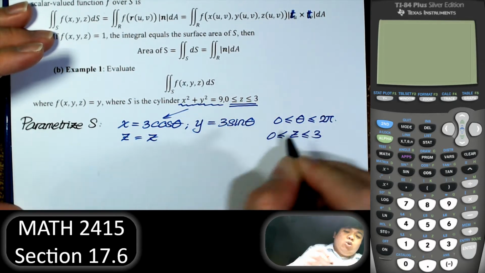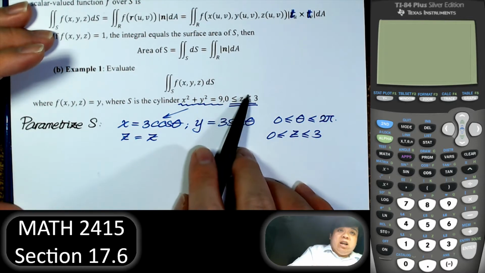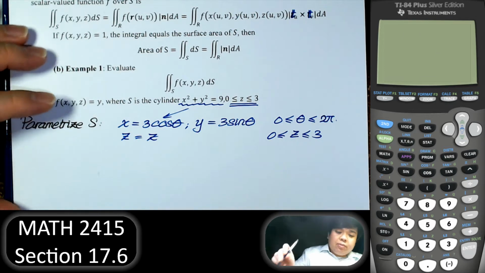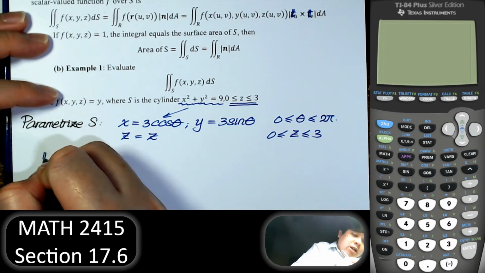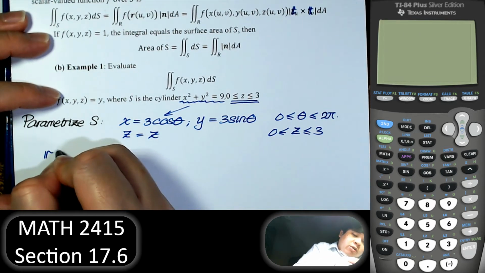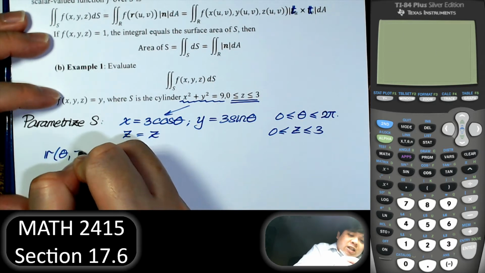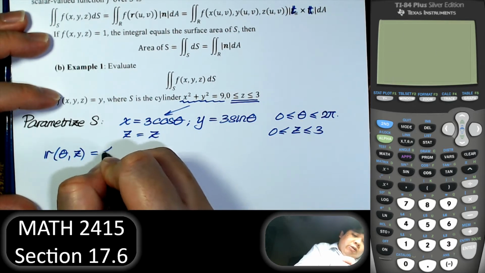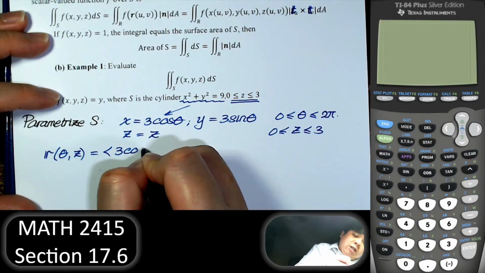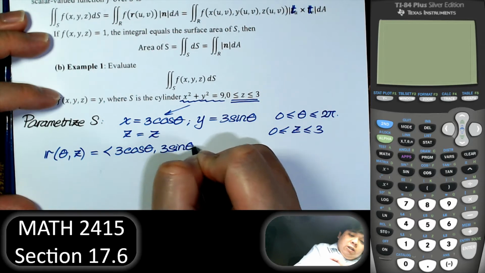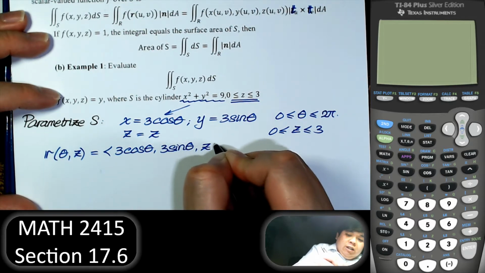Yeah. So usually in the problem, if we see something like that, that will be one of your parameters. Don't touch that. So we write the parameterization of the surface as follows. It will require two parameters, theta and z. The first one is 3 cosine theta, 3 sine theta, and then z.